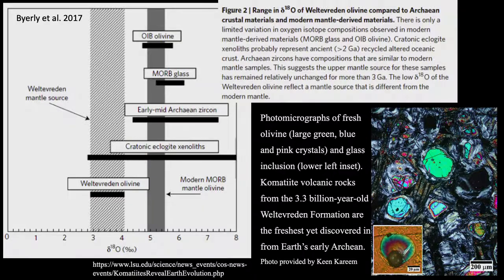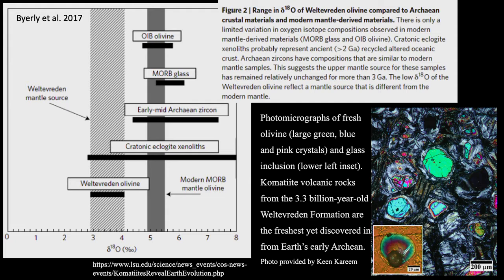The last paper is about olivine. Olivine is a magnesium iron silicate, and it crystallizes as a first mineral in ultramafic and mafic rocks. But it is very sensitive to alteration processes, so it is very difficult to find fresh olivine if the rock is very old.